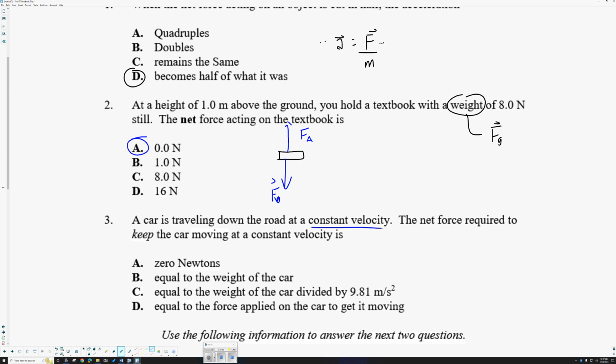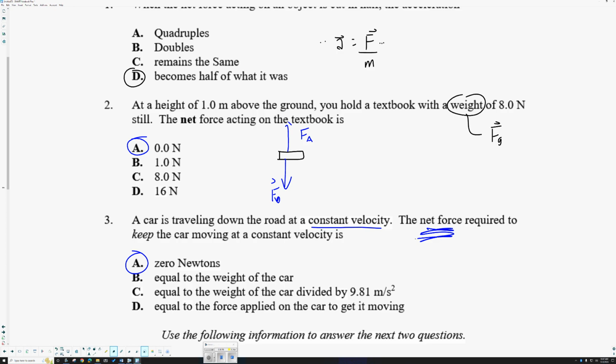Net force is 0, so therefore the force required to keep it moving would be equal to the force applied on the car to get it moving. Sorry, it would be equal to 0. The net force required to keep the car moving would be equal to 0 newtons.